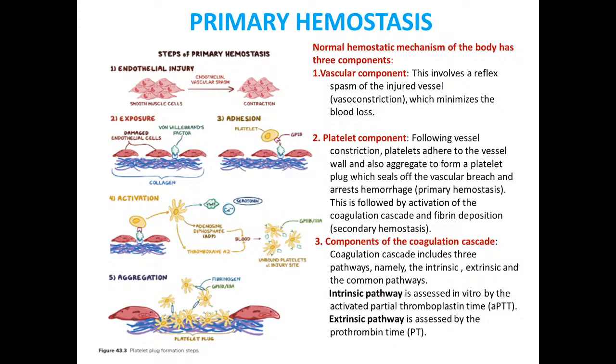Primary hemostasis is a normal hemostatic mechanism and the first stop of hemostasis. It includes three components: the vascular component, in endothelium injury, and the platelet component. The vascular component involves the reflex spasm of the injured vessel, which minimizes blood loss.